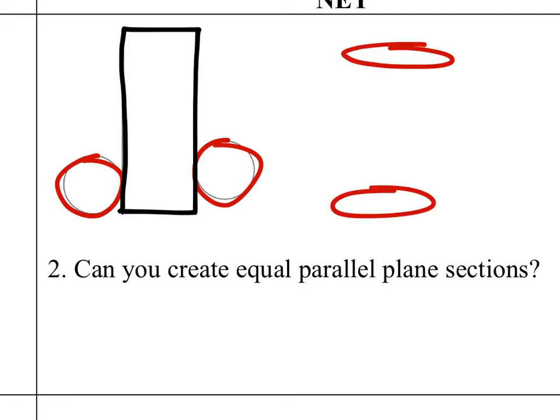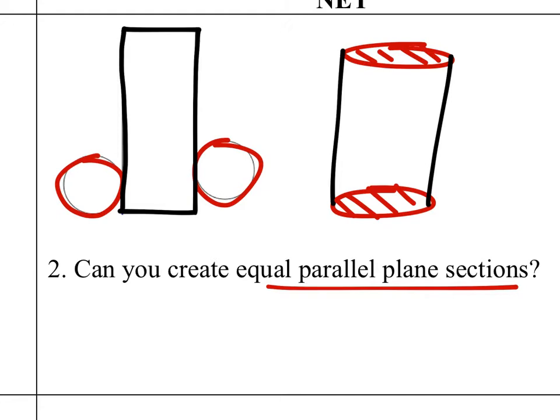So I've got the circles like these, and then I'm just gonna connect it with the black rectangle right here. This is the three-dimensional shape, which is also called a cylinder, and we can see the red portions right here, the circles, are also parallel plane sections. So yes, we could create equal parallel plane sections.